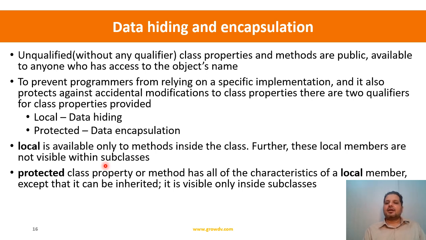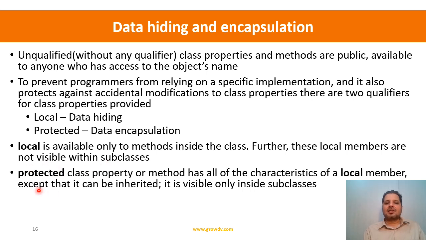These methods and properties will neither be accessible to a derived class, nor accessible through the object. In both ways it won't be accessible. The derived class cannot see it, and through the object handle dot notation we cannot access it.